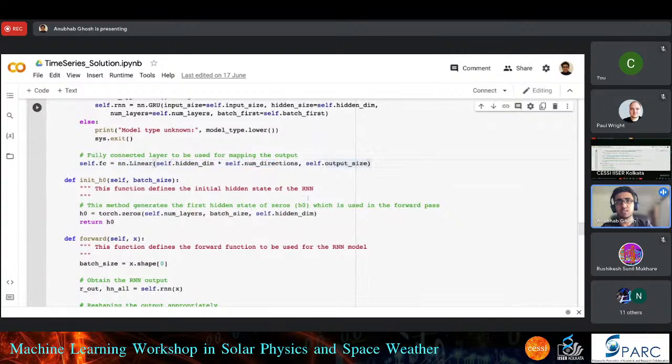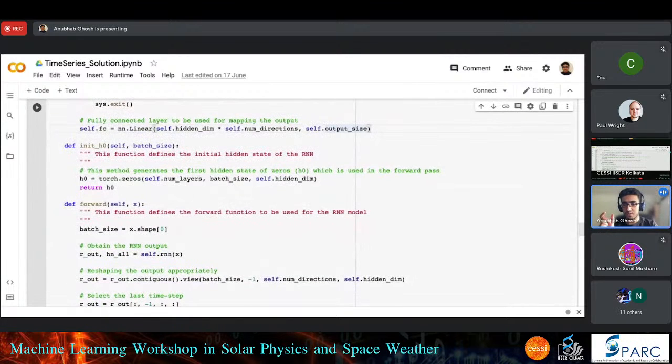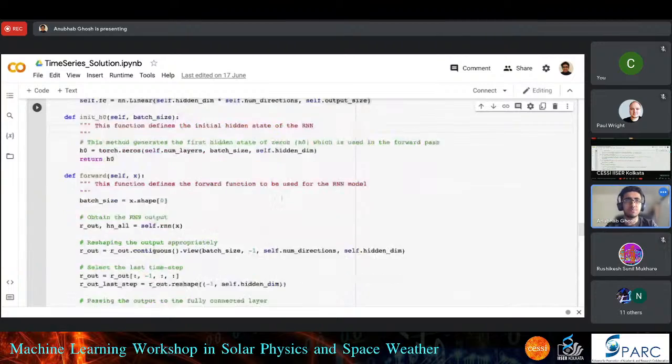This output size could be, say, one sample. It could be 5 samples, depending on how many samples in the future you want to predict. So note that in this case, we don't predict the entire cycle in one go. We predict a small number of points and then use those predictions back in the predicting window to continue the process.